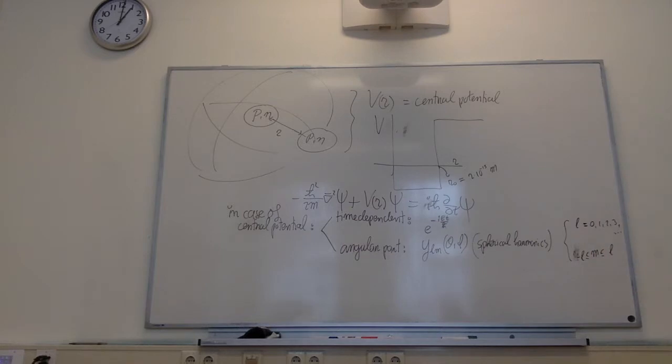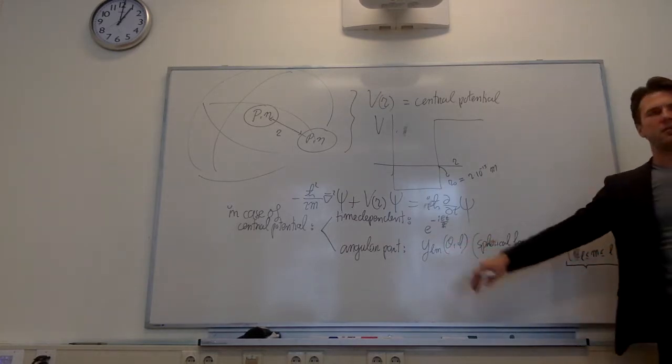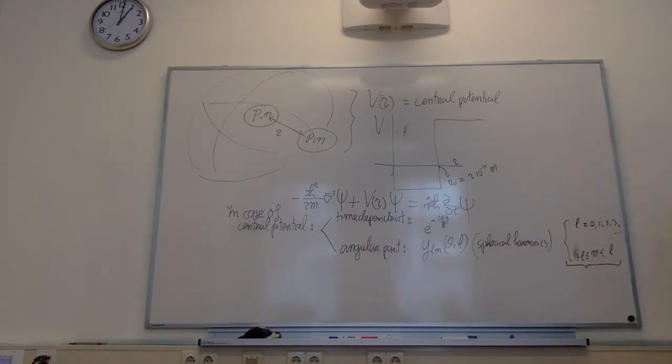Because of mathematics. There's really no physics behind this. And as a result, every spherical harmonic comes in 2L plus 1 varieties.